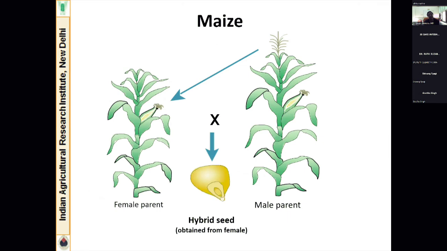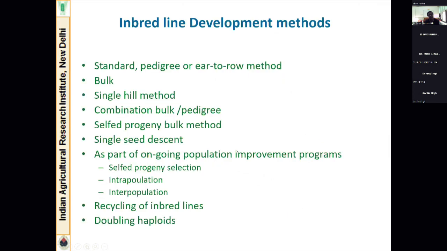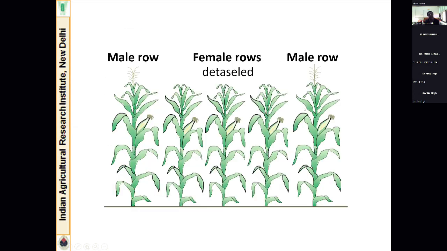In cross-pollinated crops, it is the main example: pollen from the male parent goes to the female parent and hybrid occurs. So in this, inbred line development methods are there. Different methods are there for inbred line development, which are then used as a female parent. And in this, male rows are planted, and in between the female rows are planted.